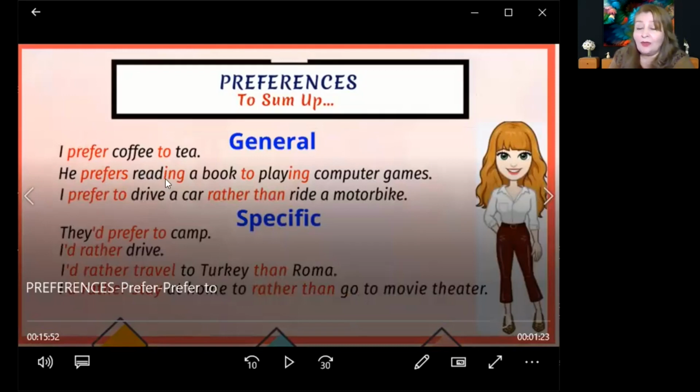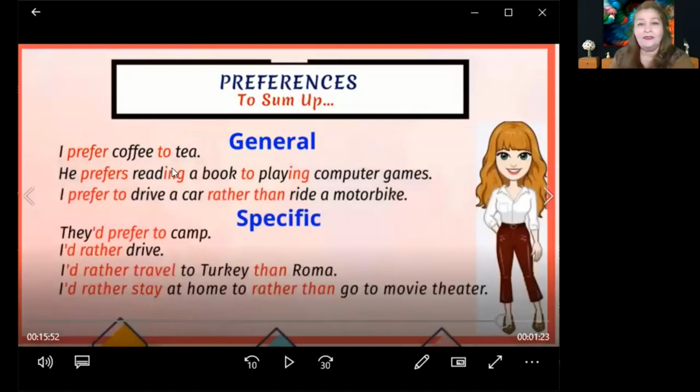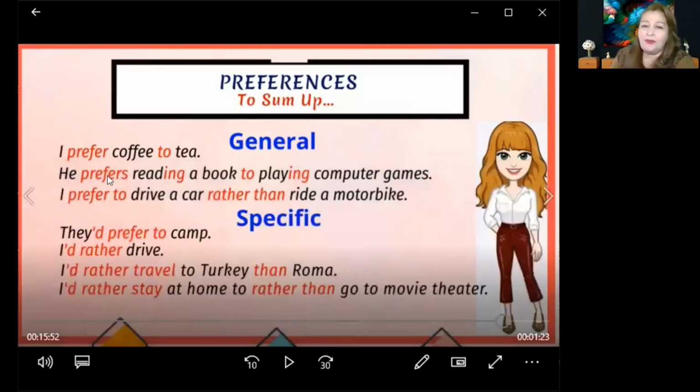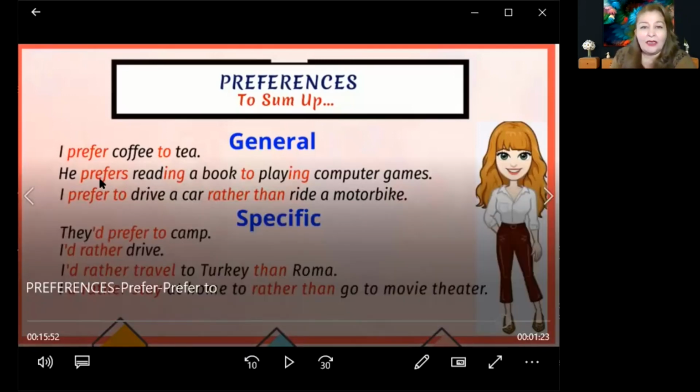And the second one is there is an action we prefer to another action. So we can say that he prefers reading a book to playing a computer. Here we should also add an ing and use the gerund form of prefer. He prefers reading a book to playing computers. This is his general preference.